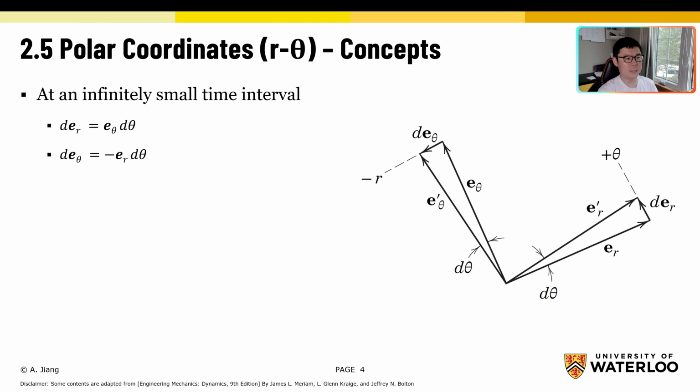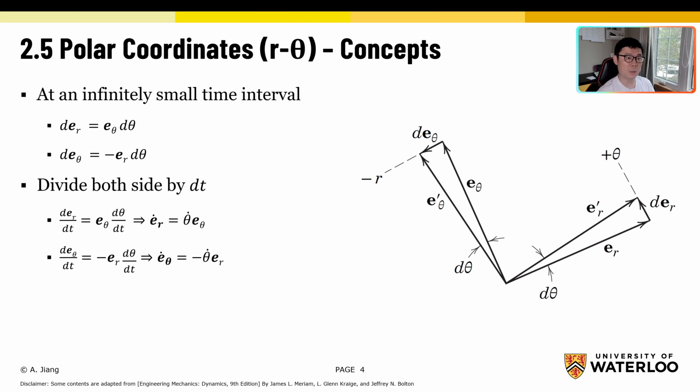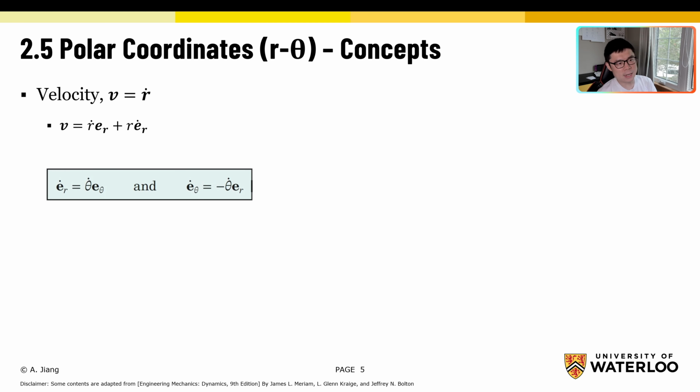So now it's time to rearrange. We will do so by dividing each side by dt to get the time derivative. And then we have obtained the time derivative of both unit vectors, e theta dot and er dot. Given what we obtained on the previous slide, plus the velocity we had at the very beginning, we'll sub in everything, and we get our velocity equation for the polar system.